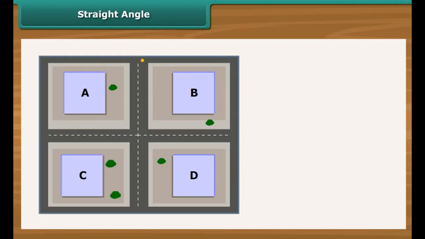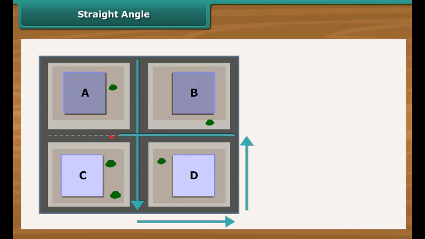Straight angle. Let us look at the second route that Rajiv takes for jogging. He jogs from pocket A to pocket C, turns left, jogs to pocket D, turns left again, jogs halfway towards pocket B, turns left once more, jogs to pocket A. When Rajiv jogs from pocket A to pocket C, he covers 2 right angles.